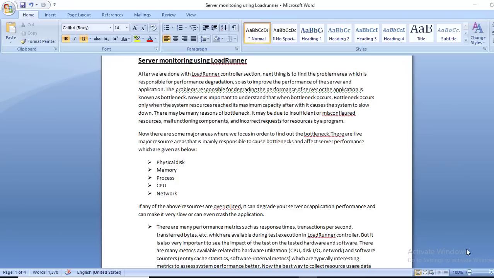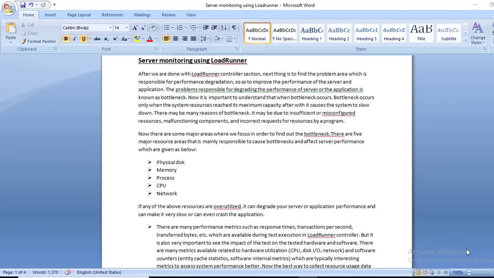In the given system configuration, if there is heavy load which the system is unable to withstand, then performance degradation occurs. It may be due to insufficient or misconfigured resources, malfunctioning components, or incorrect requests for resources by a program.